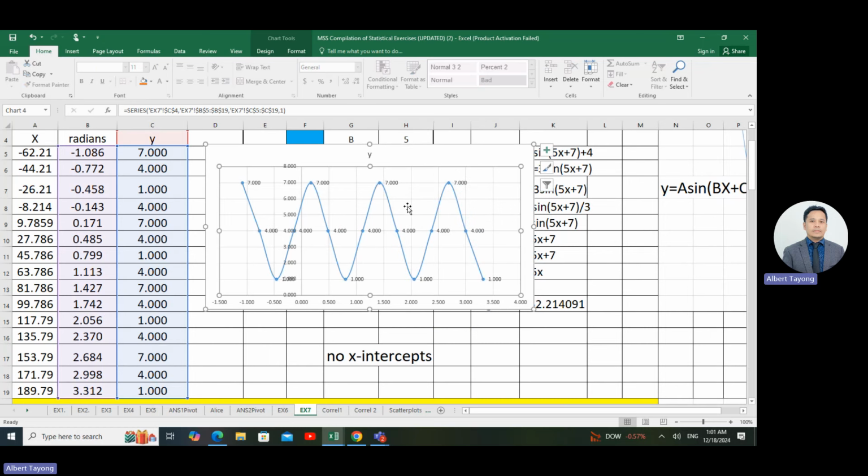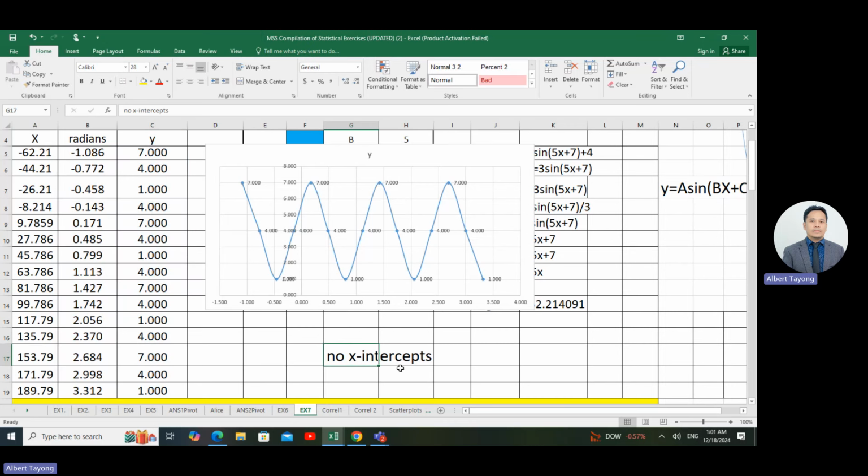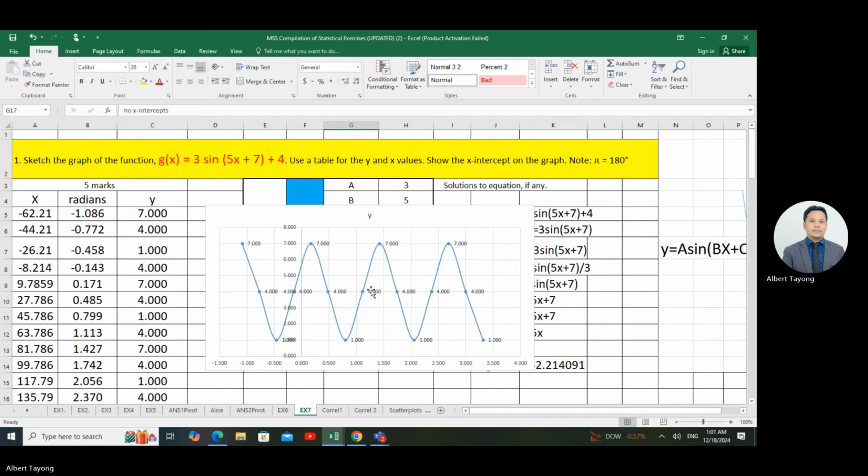It's going to add the numbers there. So our lowest is 1. It means that it's not going to touch our x-axis. This is our x-axis here. So we don't have any roots or no x-intercepts. Okay, so this is how to graph this particular function.